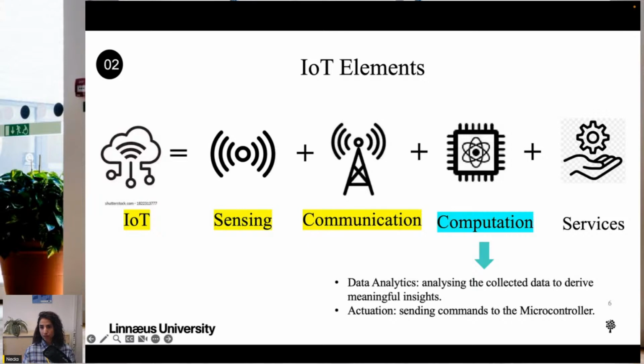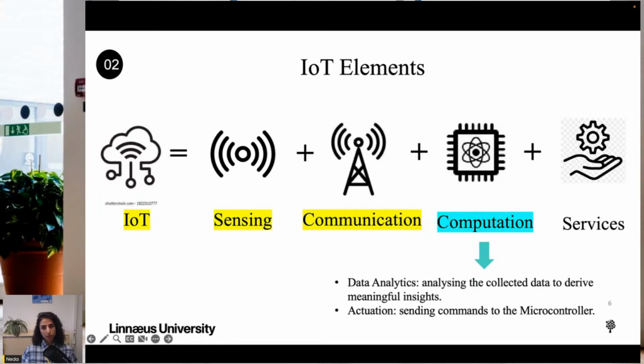Advanced analytics techniques such as machine learning and artificial intelligence are employed to discover patterns, trends, and for example anomalies in the data. And these insights can be used to optimize operations and make informed decisions or trigger automated actions.